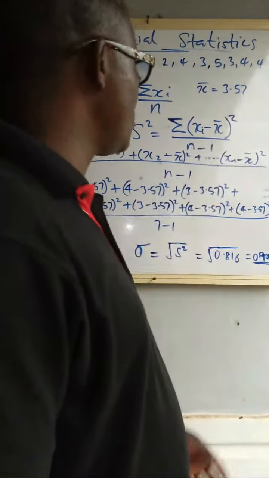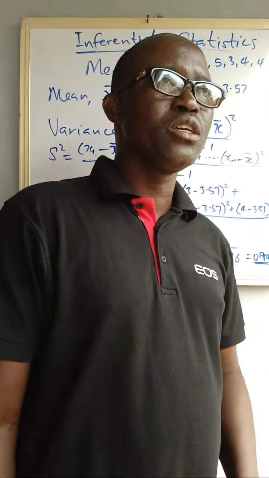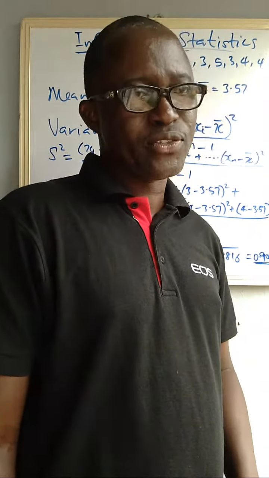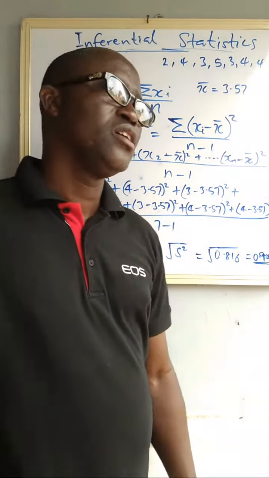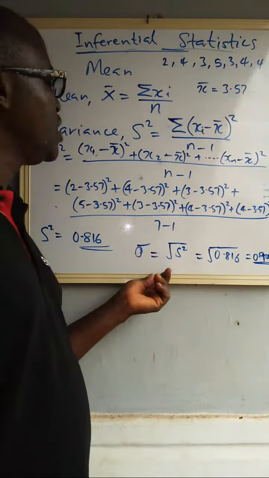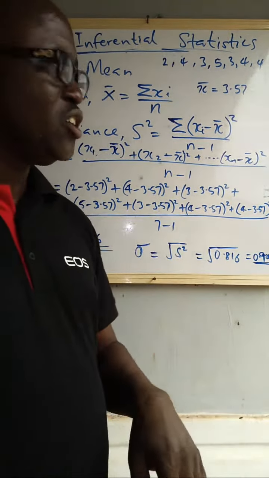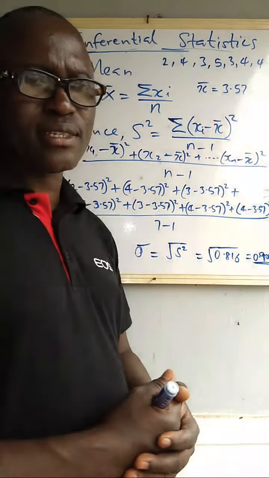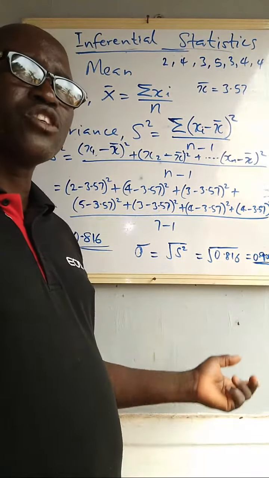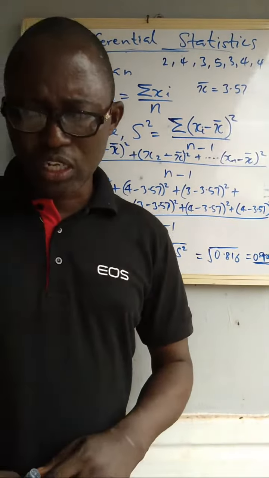In that case, we need to calculate variance for each one, and then possibly we also calculate pooled variance. Pooled variance is based on the variance of each set. So we have variance for two sets, then use the variance of the two sets to calculate the pooled variance. We are going to demonstrate that soon.